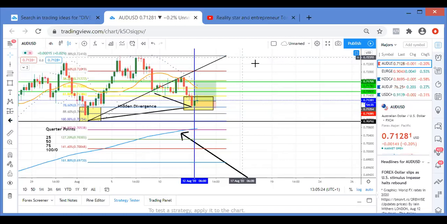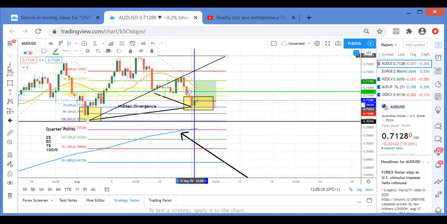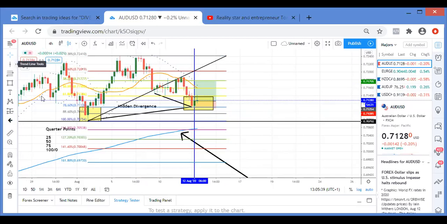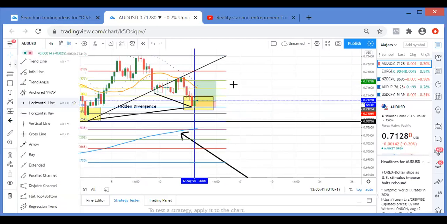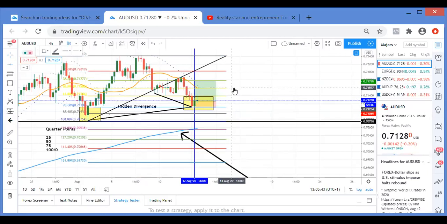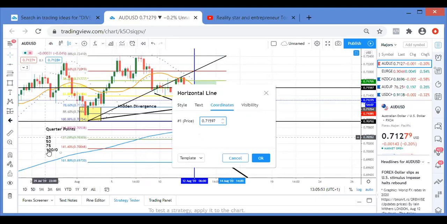Now all I do, I'm looking for the 50 and the 61.8. As an example, let me just get rid of these green lines. I get a black horizontal line, and I put it on the 50. When I put it on the 50, I come here and I'm looking for one of these quarter points.